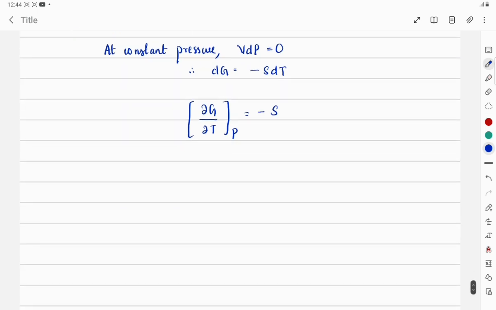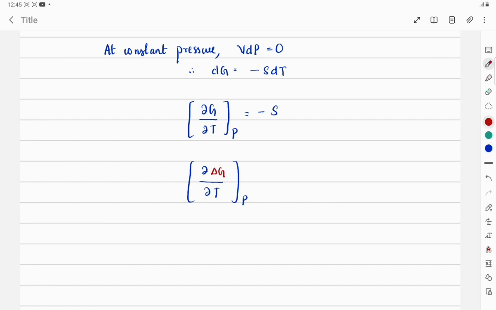We have already seen several times in thermodynamics. We have also seen a graph which represents this equation. Okay, so this is for G and S. If I want to find for delta G and delta S, what can I do? Same equation, just replacing G with delta G and S with delta S. So that will be dou by dou T at constant pressure for delta G.